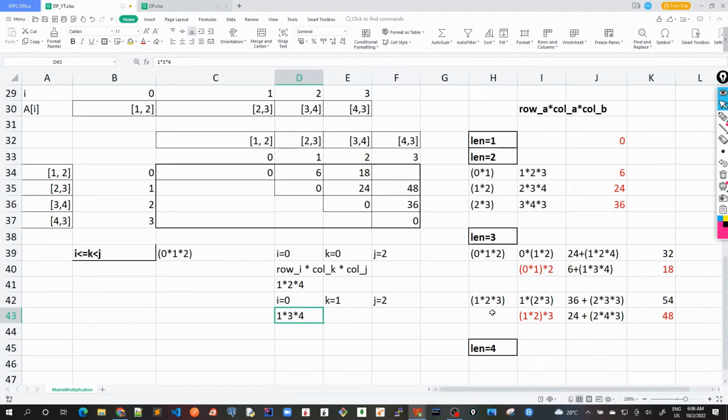So this 1, 3, 4 is exactly the same as this one. So right now we are using this formula. It's not very straightforward to derive, but we have to look very closely by dividing it. When we break it down, we just maintain these 3 variables and see whether we can derive this algorithm.